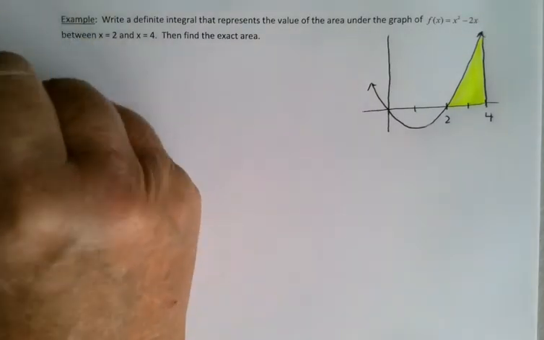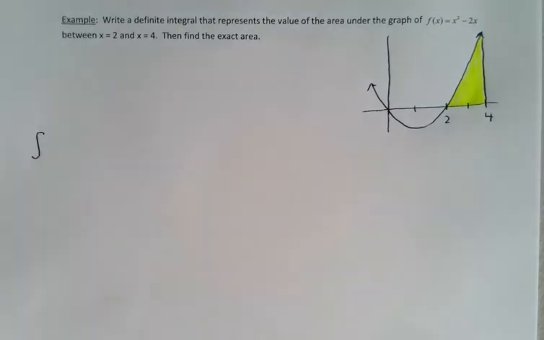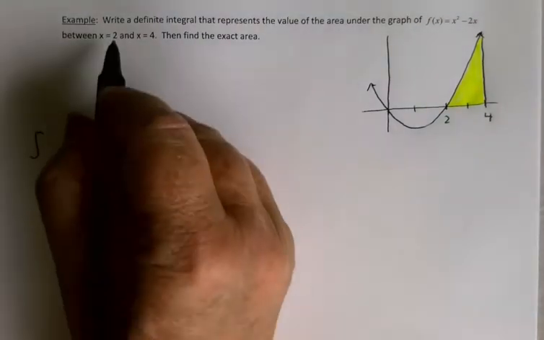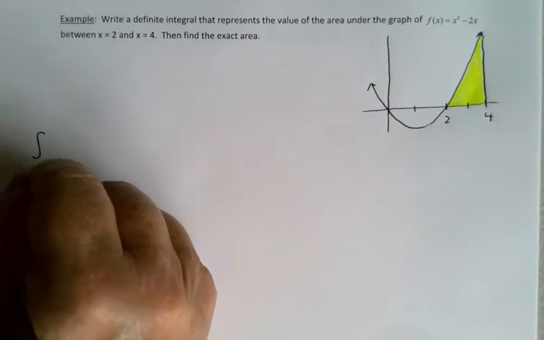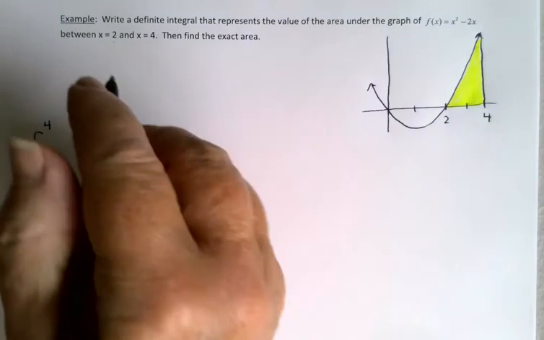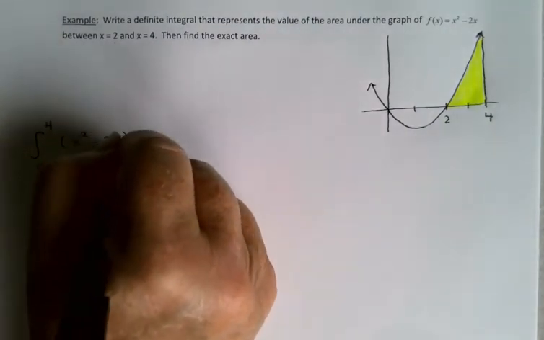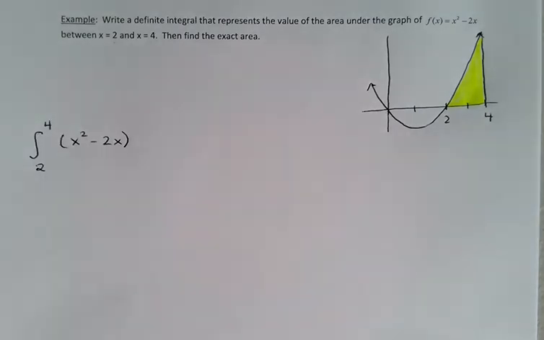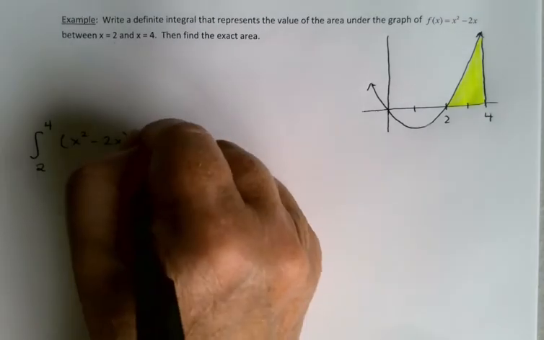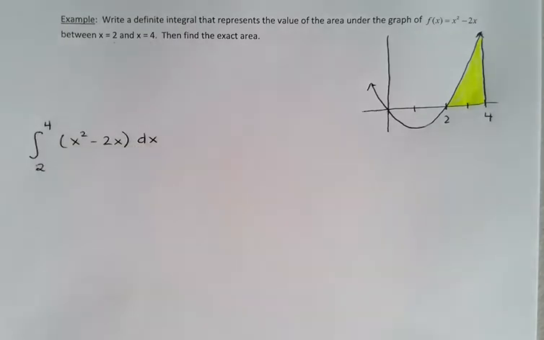All right, the notation would be, we can write this as a definite integral from 2 to 4 of the function itself, x squared minus 2x, remember that represents the heights of all the little rectangles, times dx, which represents the base, like the delta x, of all the little rectangles.